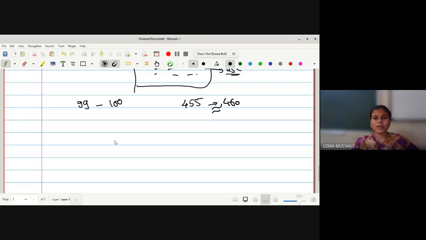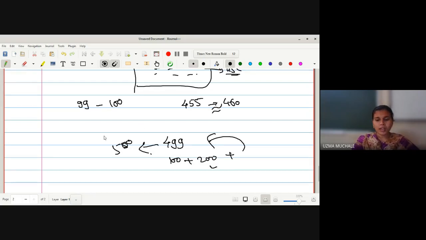So this is the rounding off of a number we are using. Suppose it is 499. If you have borrowed 100, 200, and some amounts in such a way that the calculation comes to 499, then you will directly give 500, not 499. This is rounding off of a number.